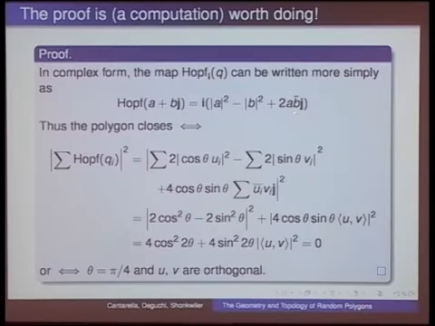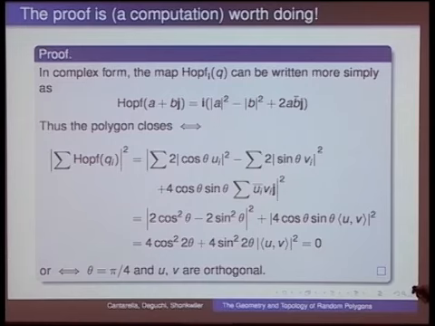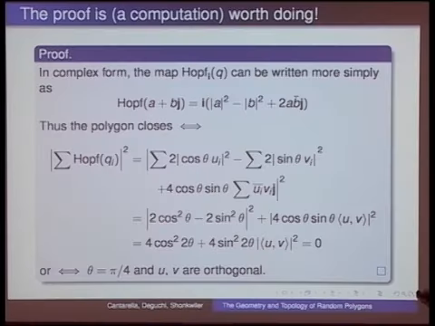The sum of these is the Hermitian inner product of the 2 vectors A and B. So if these things are going to vanish, that is to say, if the sum of the Hopf images of all these quaternions is going to be 0, if the polygon closes, then these complex vectors, cos theta u and sine theta v, have to be orthogonal, and they have to have the same norm.